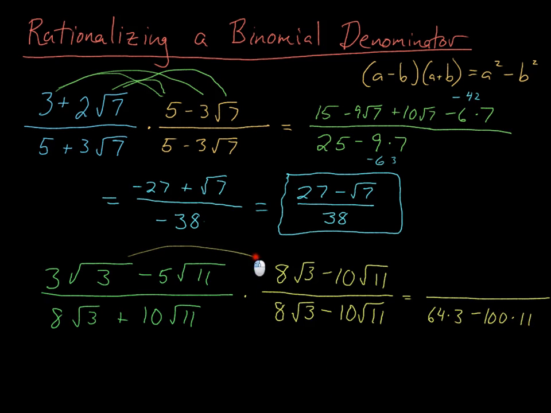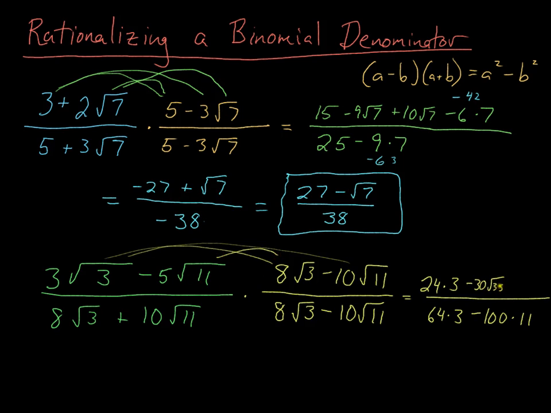On top, I have to FOIL. So 3 root 3 times 8 root 3. Well, 3 times 8 is 24. And root 3 times root 3 is 3. 3 root 3 times minus 10 root 11 is minus 30 root 33. Looks like I'm going to run out of room.